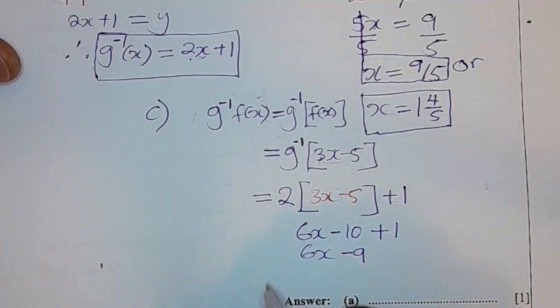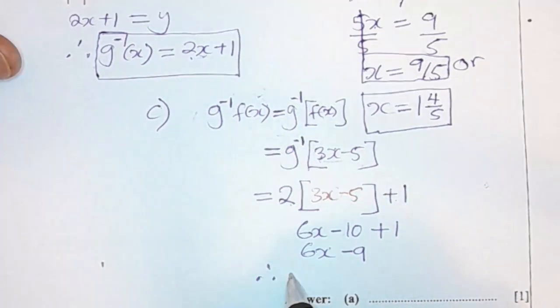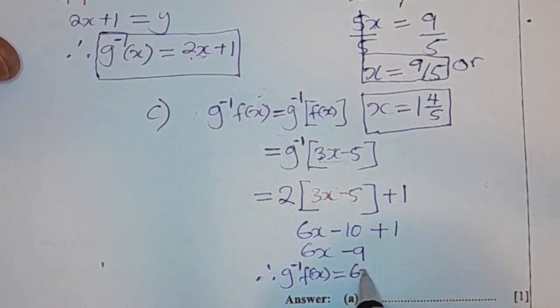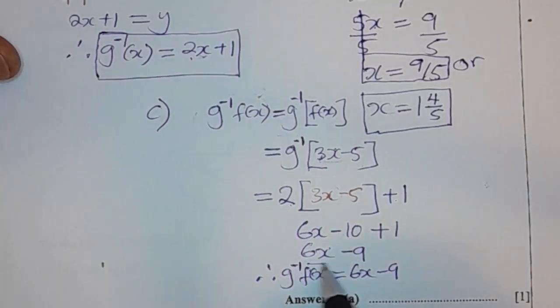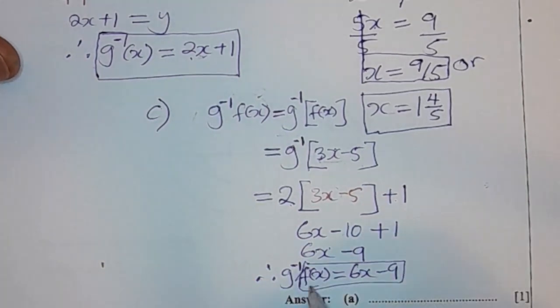So you conclude and say, therefore, the composition function of the inverse of g of x of f of x is equal to 6x minus 9. So this is the required answer.